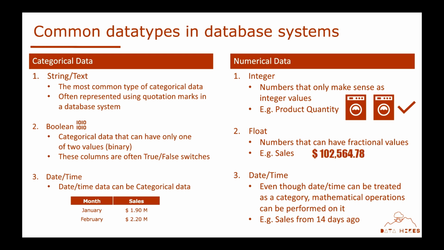I say I want the sales from 14 days ago. So I say whatever the date is 14 days ago, give me that date. So the database system gives me the date which is 14 days ago, which is the 10th of November. So that's the kind of mathematical operation you can do on date fields, even though they are technically categorical columns.